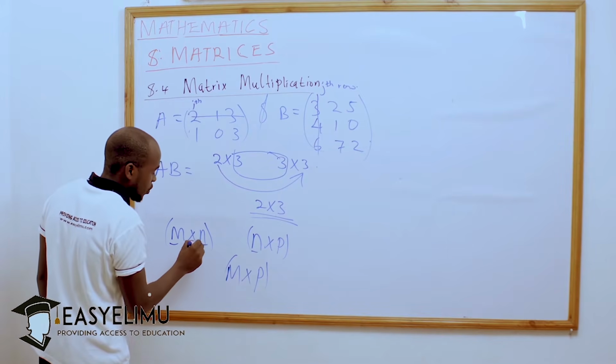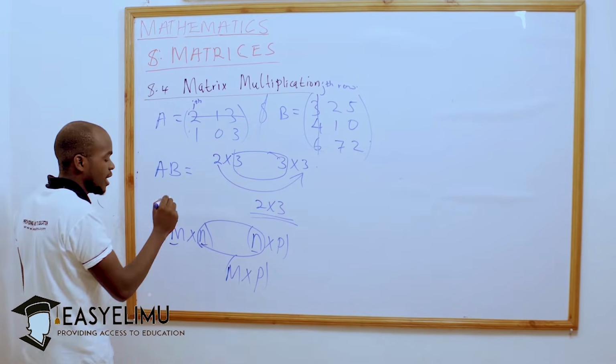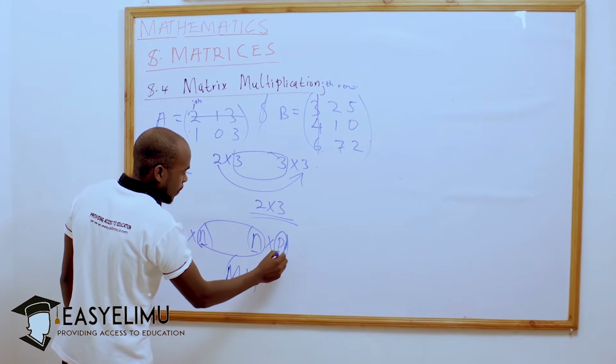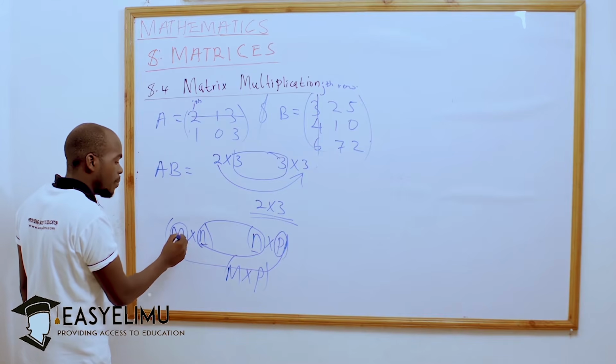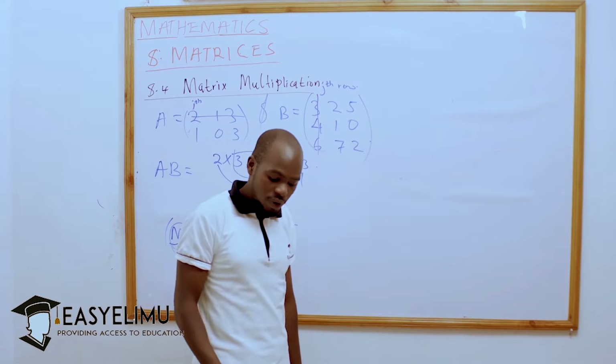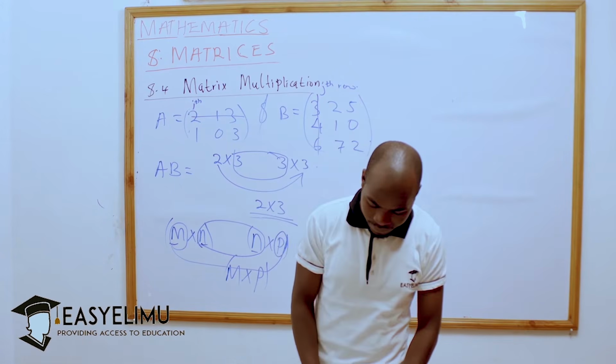This one is for testing compatibility, and your resulting matrix must be m by p. That's what you should know in general.